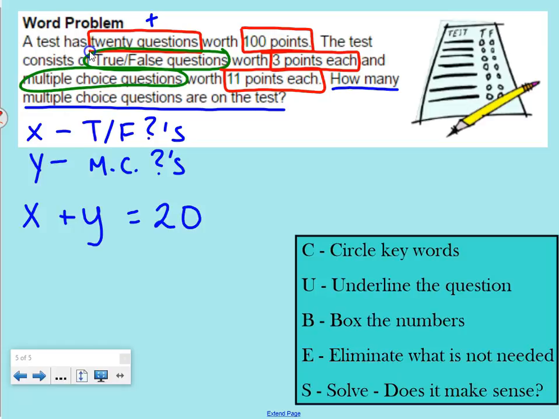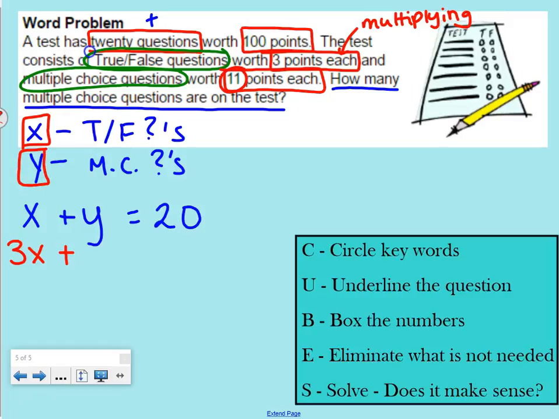That's where the points come into play. The test consists of true-false questions worth 3 points each. Now, each means you're going to be multiplying. So every x, every true-false question is worth 3 points. So we would say 3x plus our y values, our multiple choice, those are 11 points each.